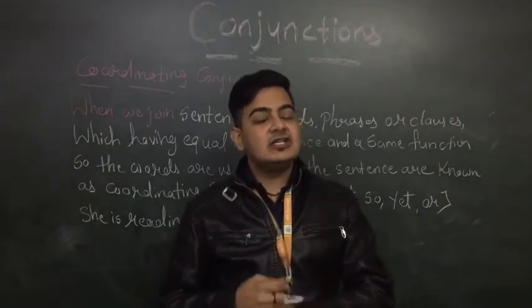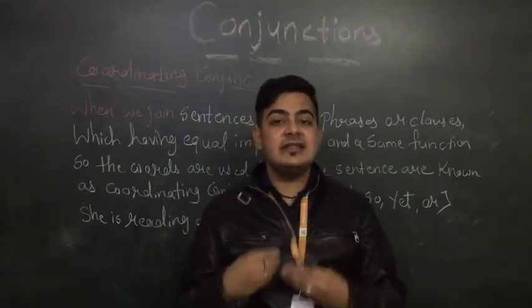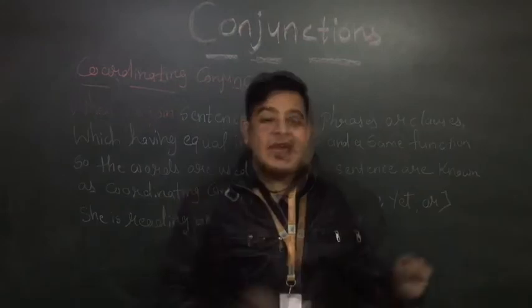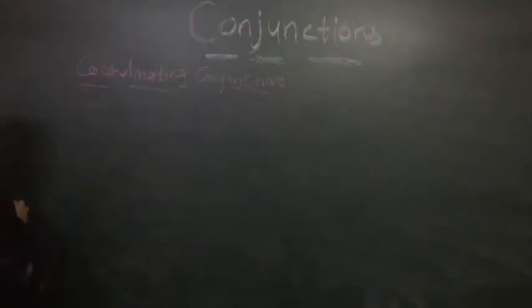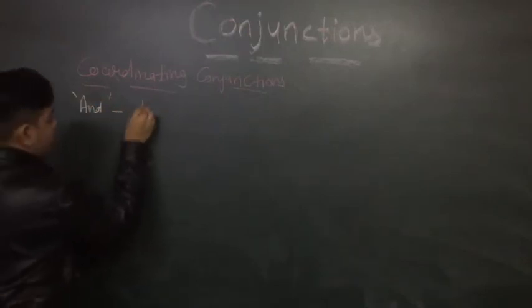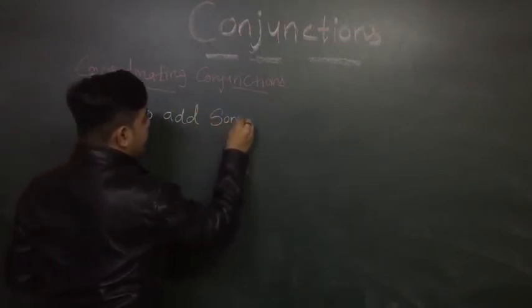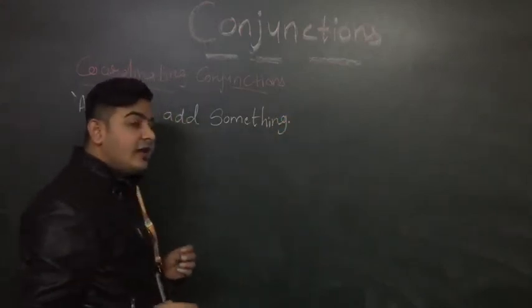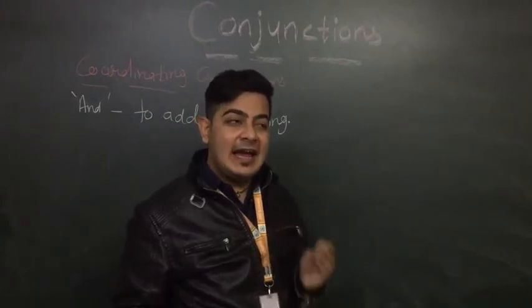So let's learn how to use the coordinating conjunctions in the sentence and when to use them. How we have to use and, and where. To add something. ठीक है. When we need to add something, at that time we are using and.